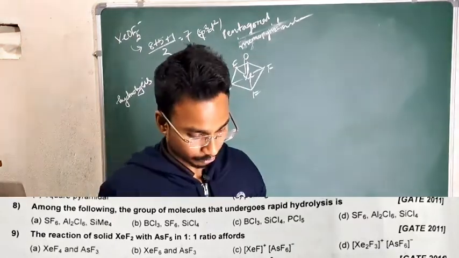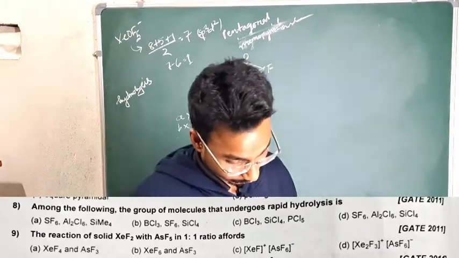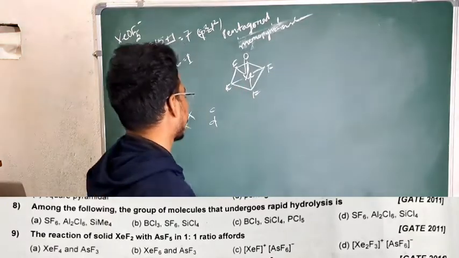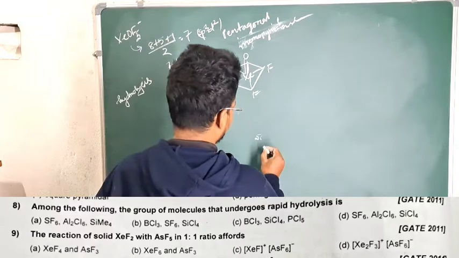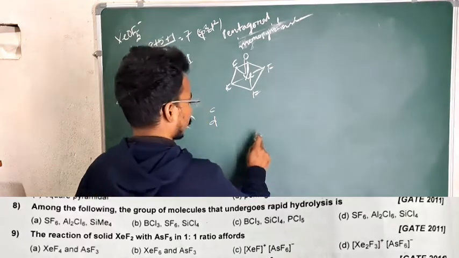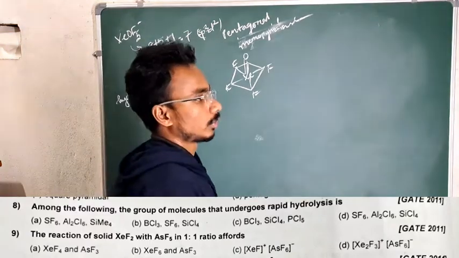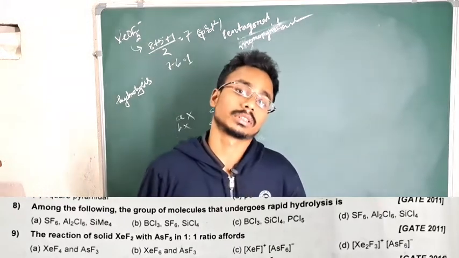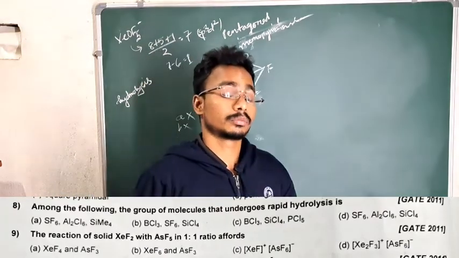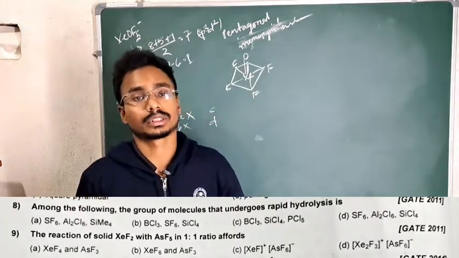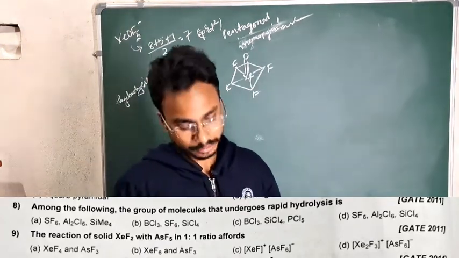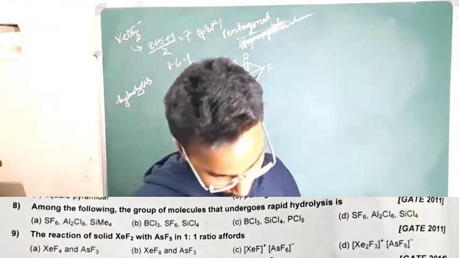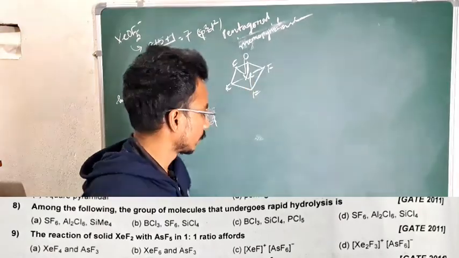BCl3, as I told, it will hydrolyze. SiCl4, yes, SiCl4 has vacant orbitals, and you know, in main group elements you studied that SiCl4 is hydrolyzed by water. So SiCl4 will hydrolyze, and PCl5 as well.